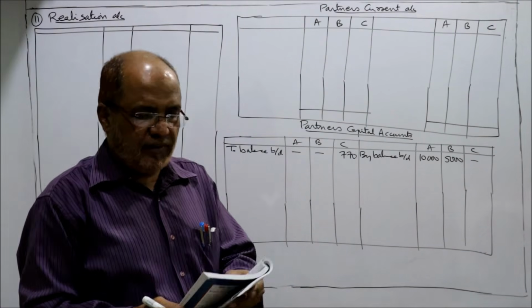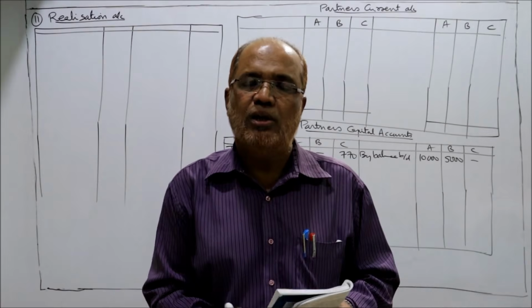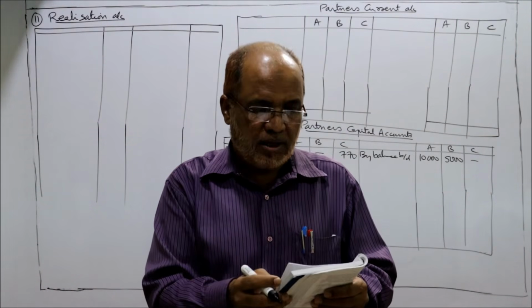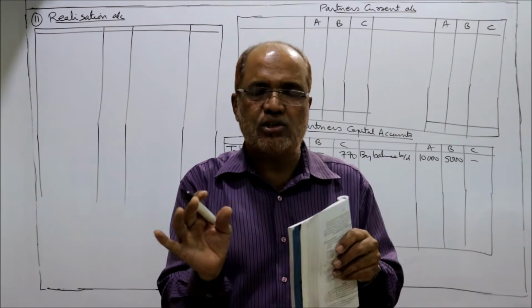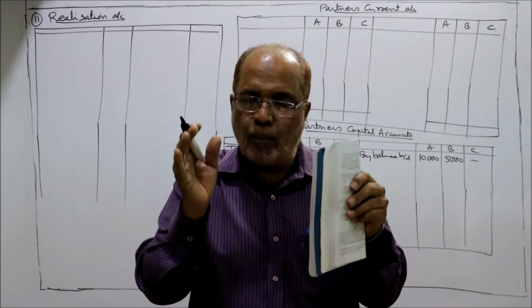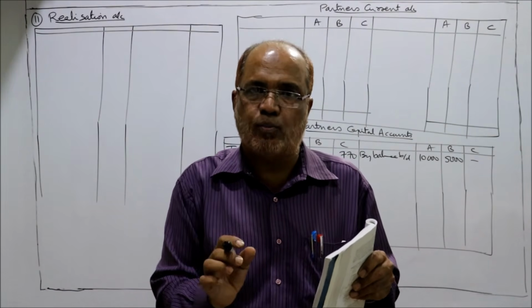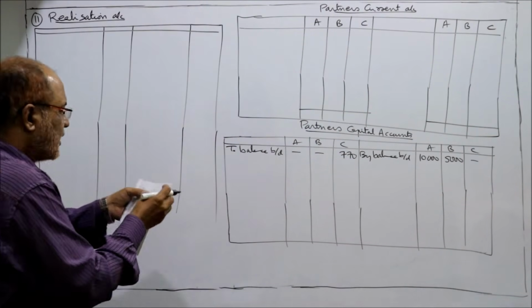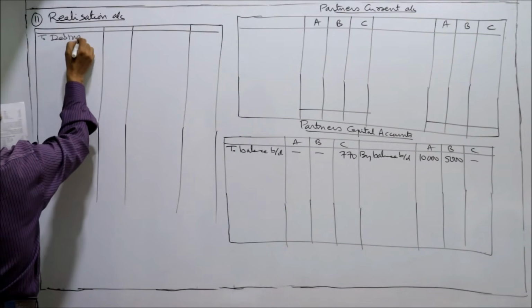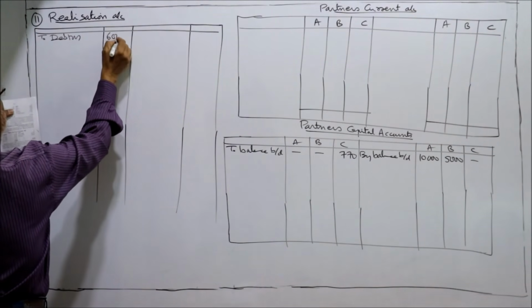Now, first of all, we prepare the realization account. First entry: realization account debit to all assets except cash, because cash is not taken over by any partner. For cash, we will open a cash account and take the balance brought down. So leaving cash, what are the other assets? To debtors, 6,000.